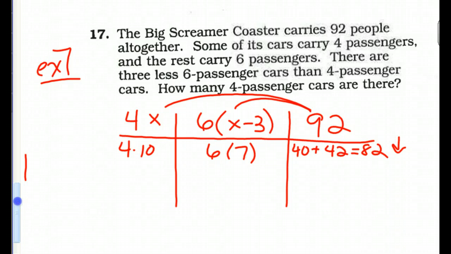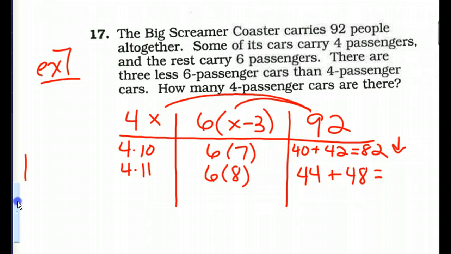Why don't we try 11? Let's try 11. 4 times 11, and we have 6 times 11 minus 3, which is 8. So that'd be 44 plus 6 times 8, which is 48. Does that equal 92? I believe it does. 92. Yay.